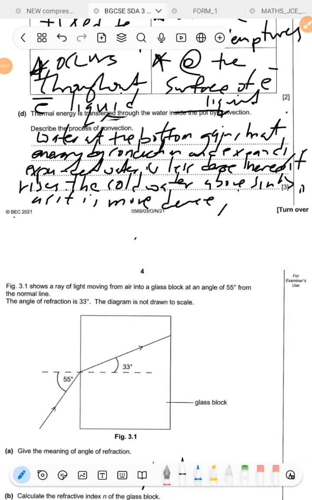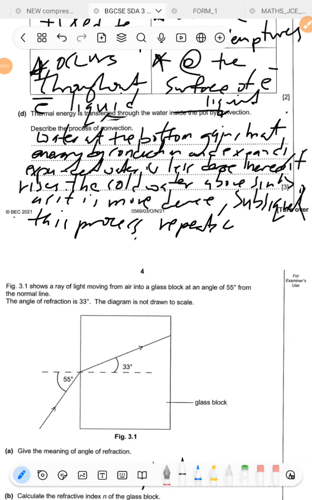Then subsequently this process repeats, creating convection currents. So that is the whole process.